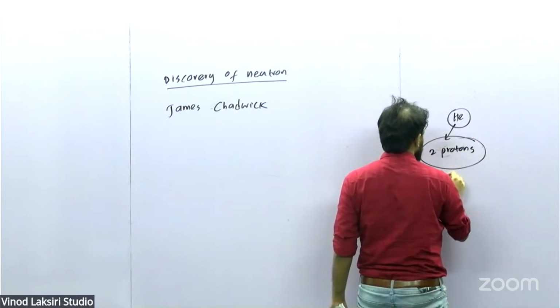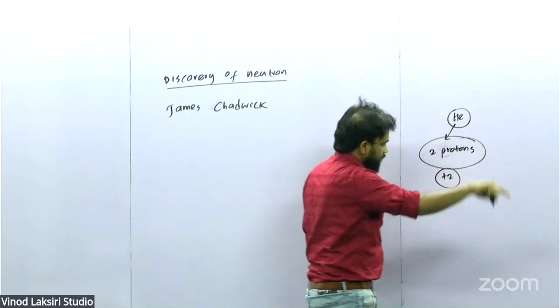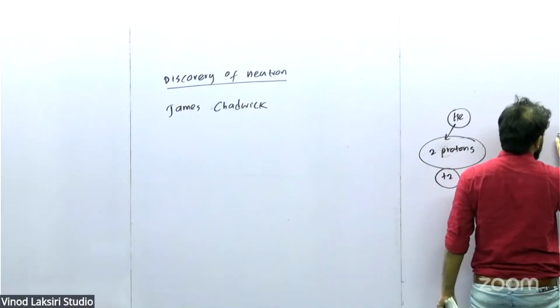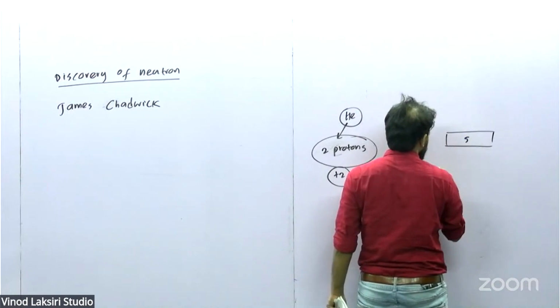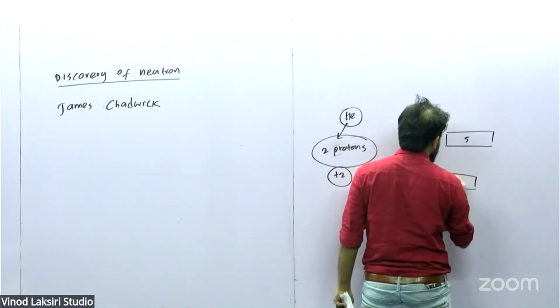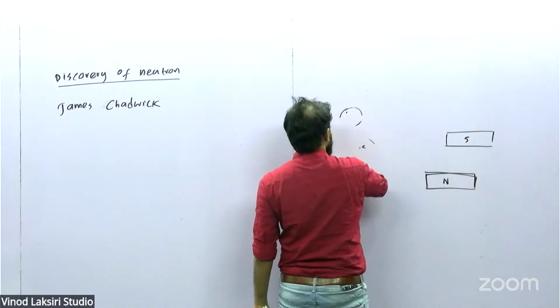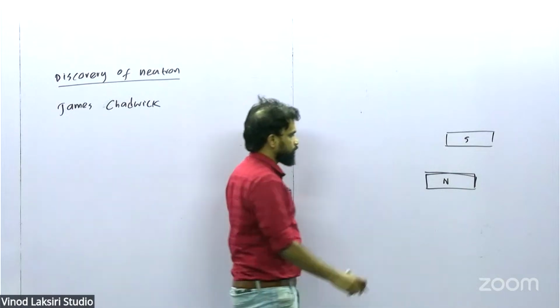Therefore, the charge should be +2. Then, when helium gas passes through a magnetic field, the deflection should be the same as that of a particle having 2 protons. You understand?